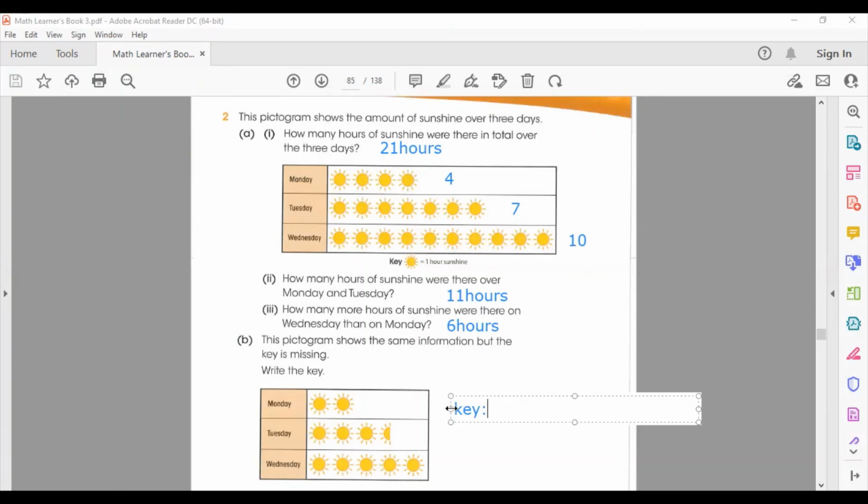You can make the picture equal to 1. No, we cannot say 1 because it's half. So we need to make it like this so it's easy.